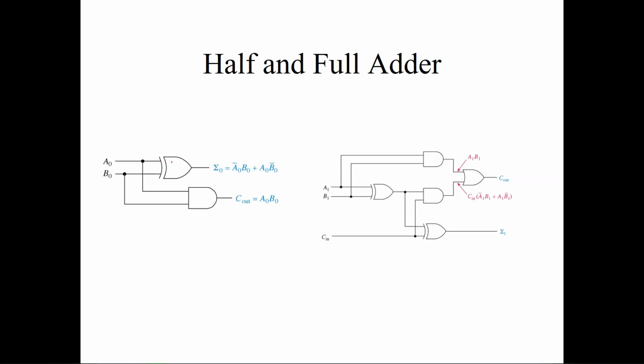Say that again. If I have a 1 signal on A and a 0 signal on B, which one of these will allow a signal to move through?